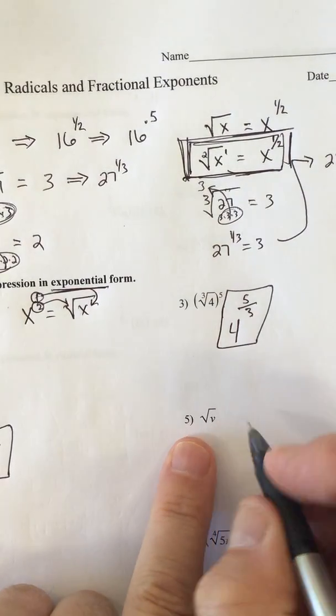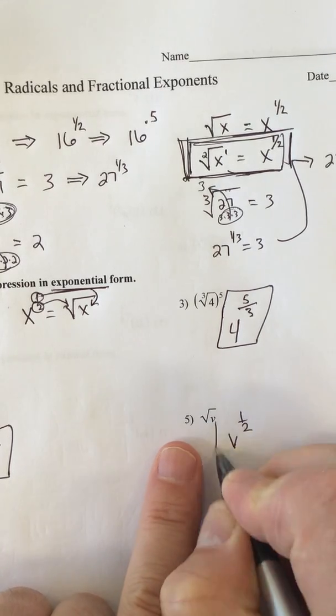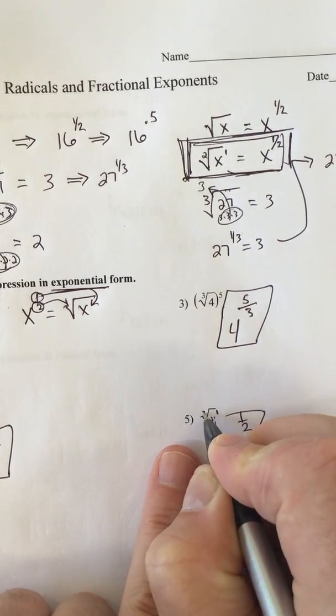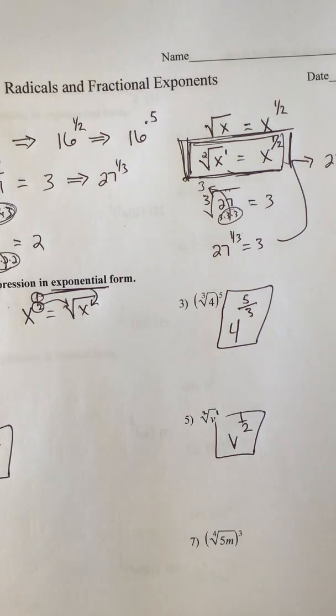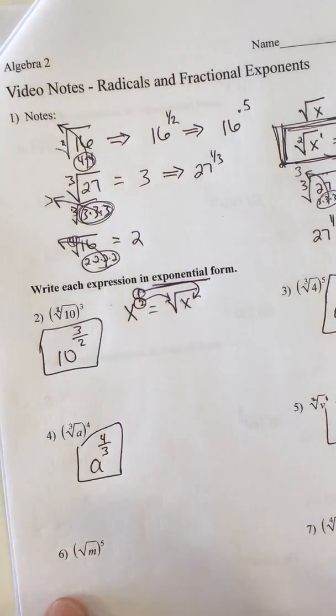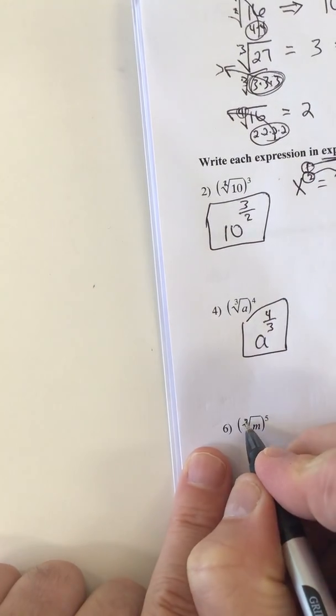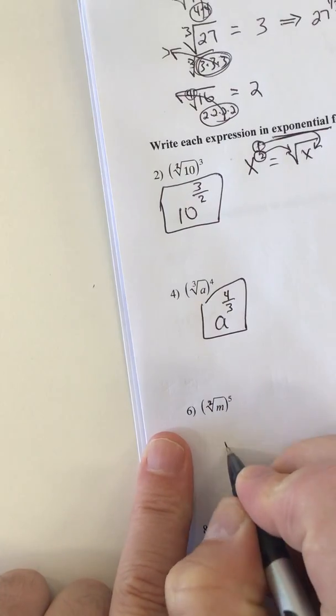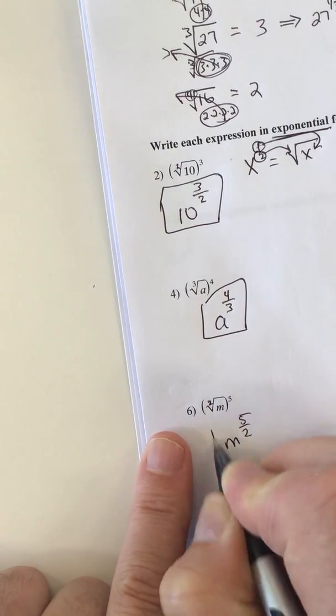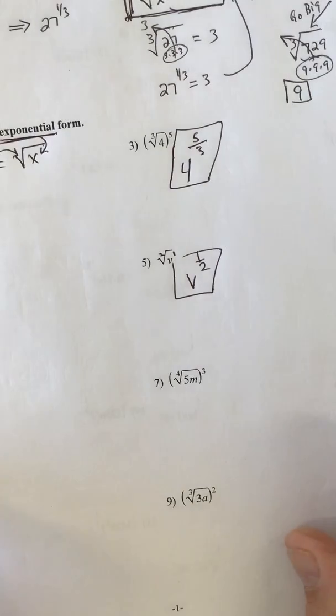This is just 1/2. Square root means 1/2. There's the 1, there's the 2. So there's the implied 2, so the power is 5, so that's m to the 5/2 power.